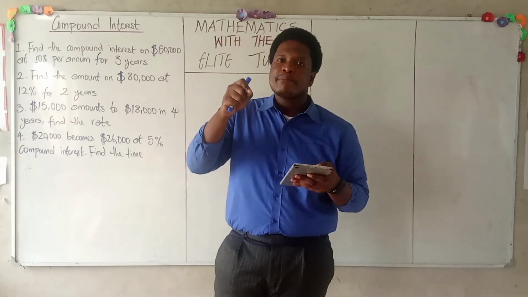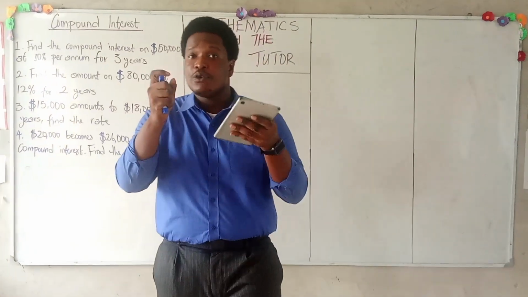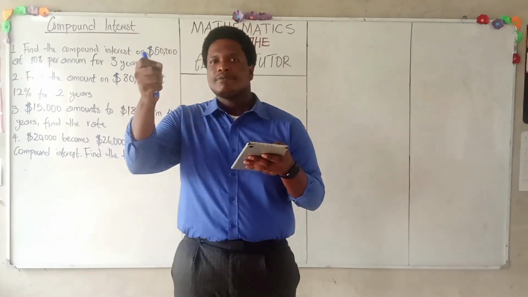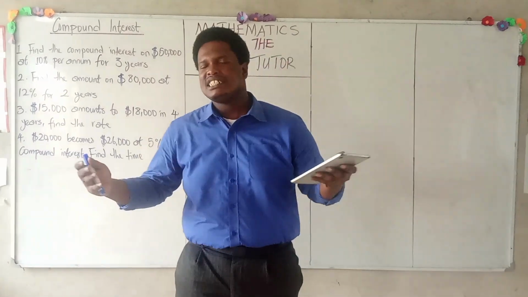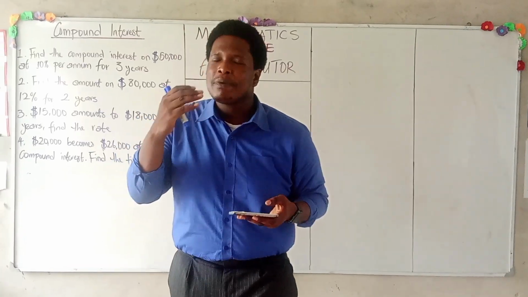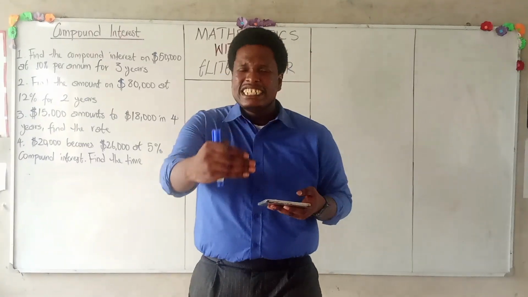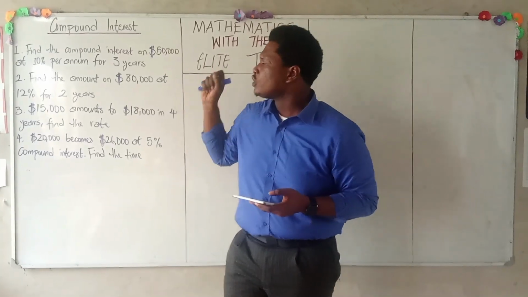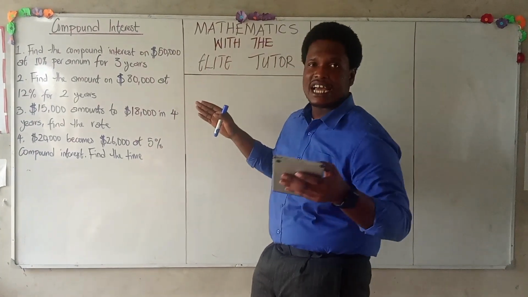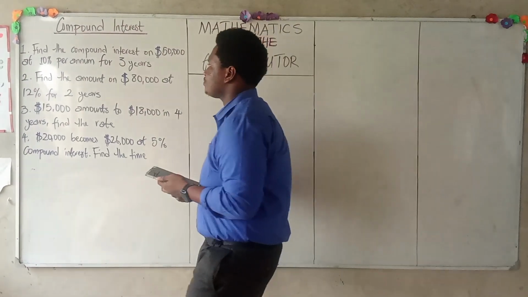In order to break this down, we can simply say that compound interest is simply the interest on the interest. So let's follow closely as we solve the following questions.